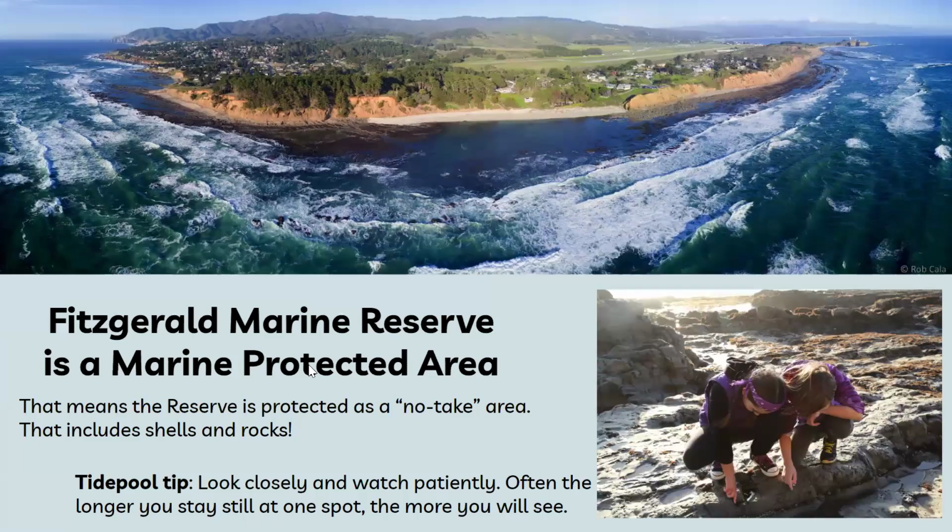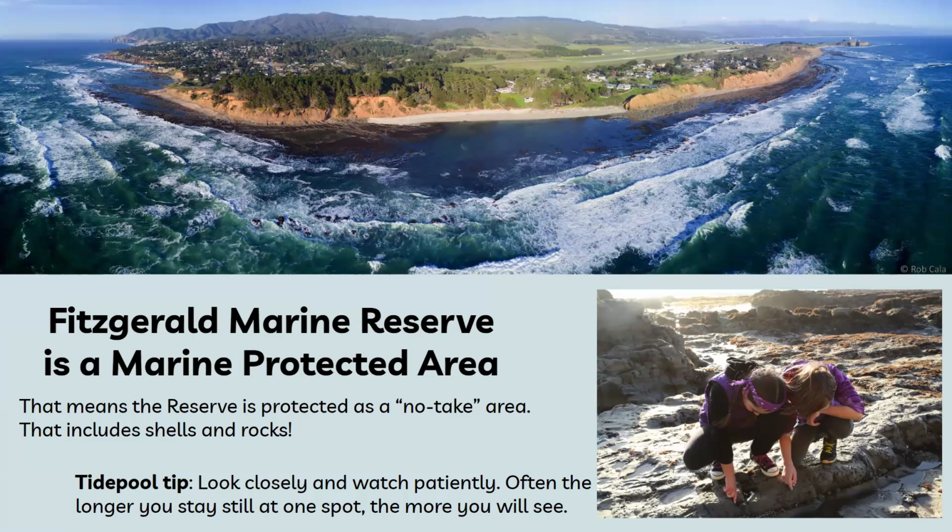Fitzgerald Marine Reserve is in a marine protected area. So when it was opened, I believe in 1969, it was declared a reserve. And what that meant is you could no longer fish or collect items from Fitzgerald Marine Reserve. Back in the early 1900s, there was actually a restaurant on the beach at Fitzgerald Marine Reserve. It was called the Reefs, and it was known for abalone.